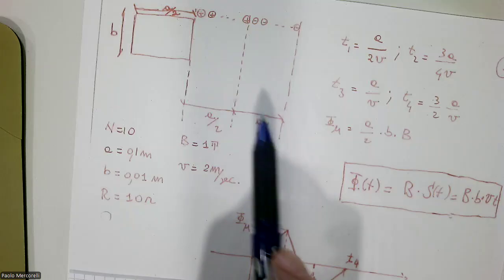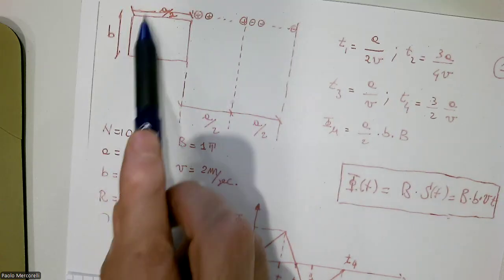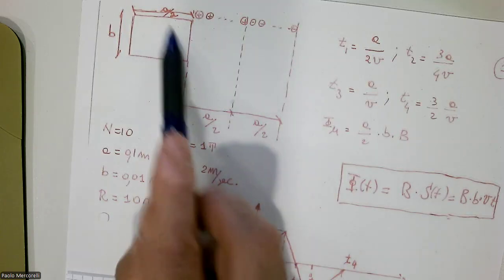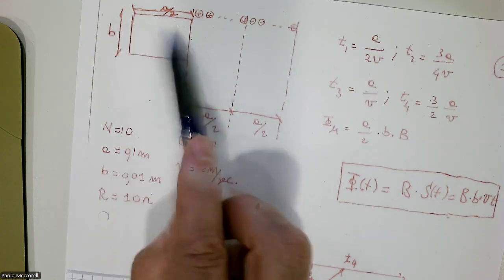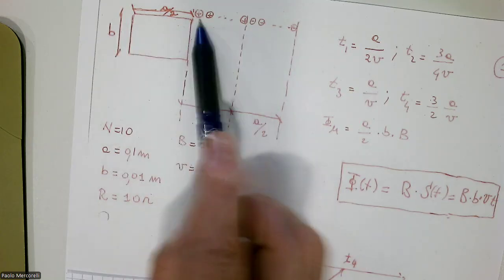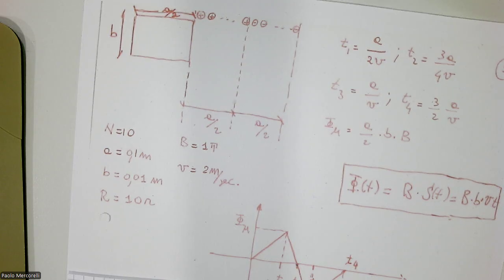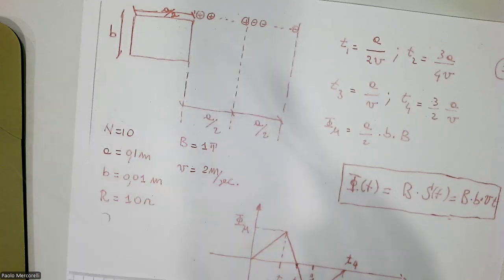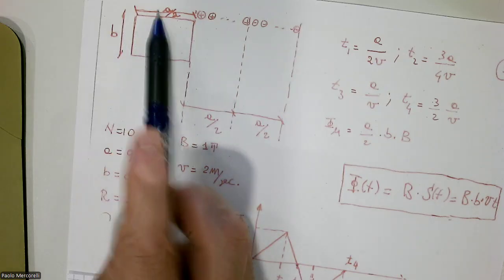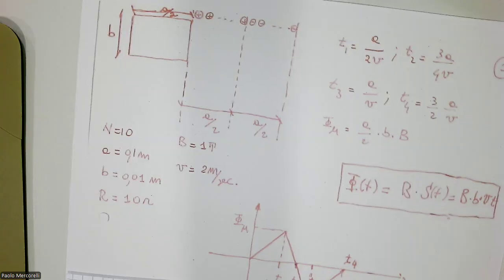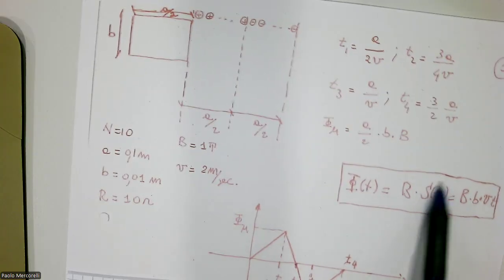Why that? Because the maximal flux we have is when the coil is totally inside. And we can see that a divided by 2 is the same dimension as this plus part. This means in this particular case, the geometric surface, b multiplied by a divided by 2, corresponds with the maximal effective surface or active surface. Sometimes we call it effective surface, sometimes active surface.